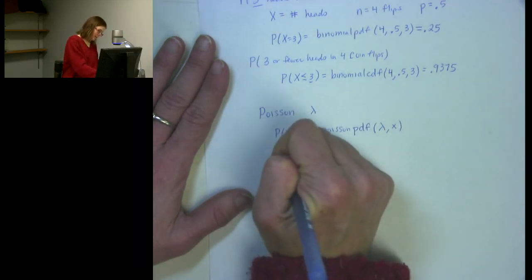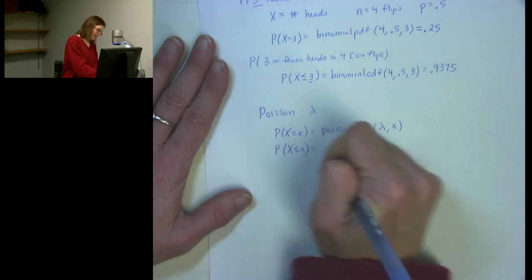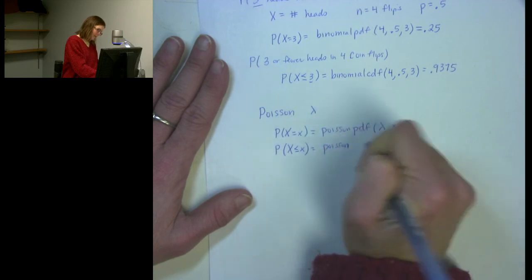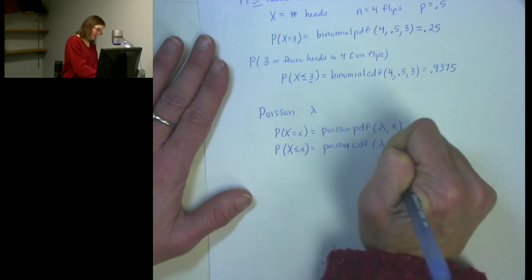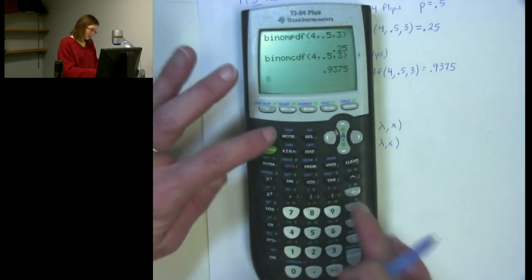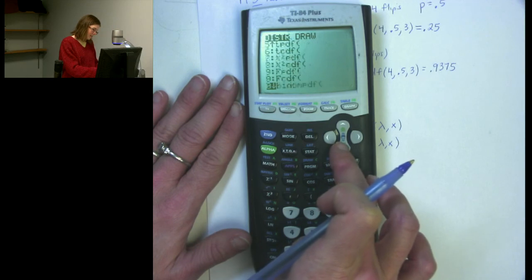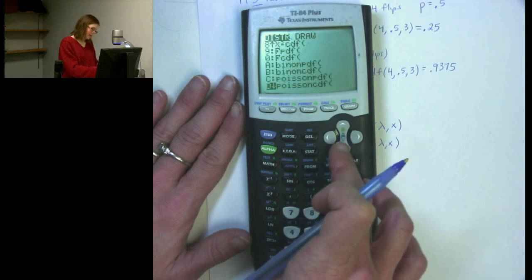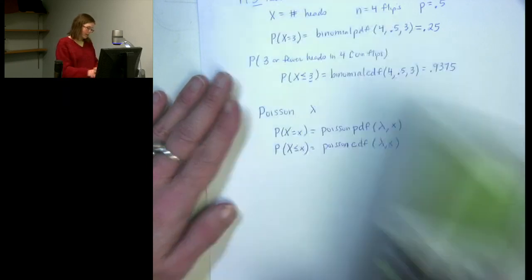If we want to find the probability that x is less than or equal to some particular value, little x, we use the Poisson cumulative, so CDF, and enter our lambda and our x value. Just like we did there, we just have to scroll down again a little farther in the distribution list. There's the binomial, there's the Poisson, the PDF and the CDF. And then there's also the geometric PDF and CDF.